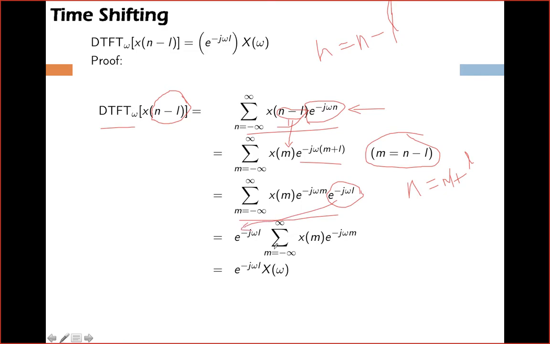What remains is summation m equal to minus infinity to plus infinity x of m into e power minus j omega m.